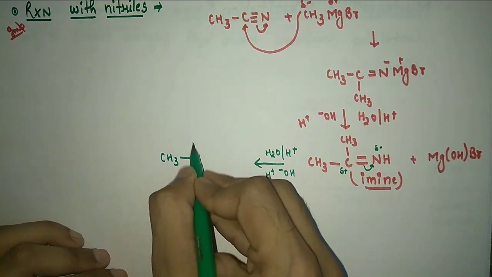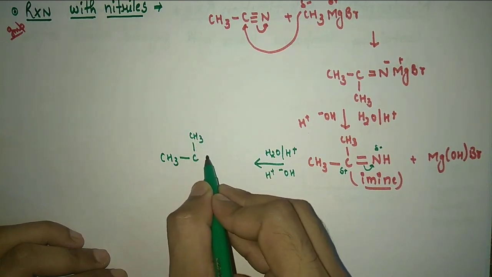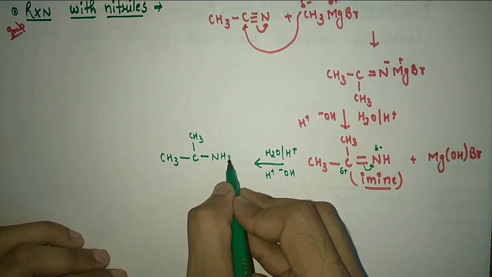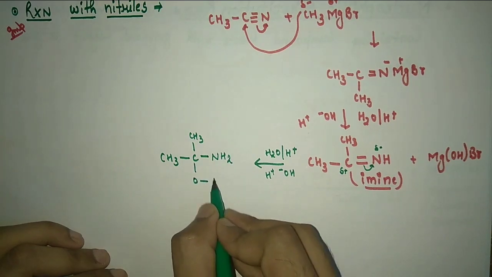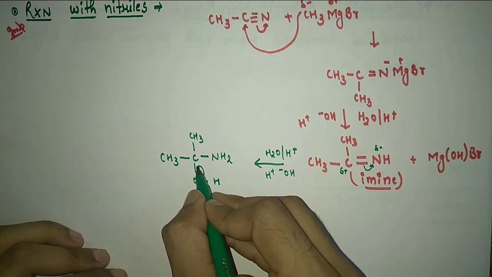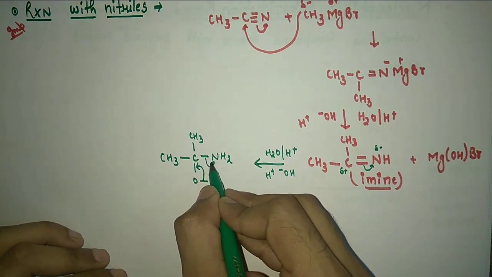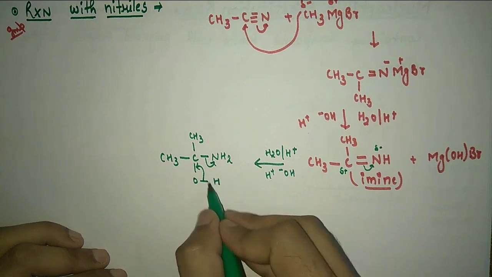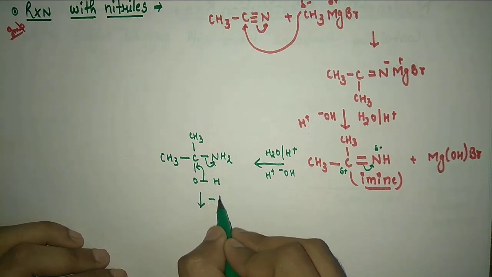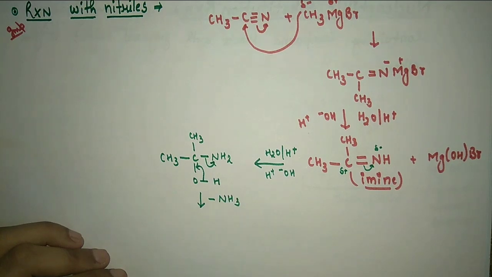CH3C CH3 single bond NH2, and here comes the OH. Now what will happen? This bond will move to this and this leaves. And this hydrogen will go to this nitrogen atom and ammonia will be released, NH3 will be released.